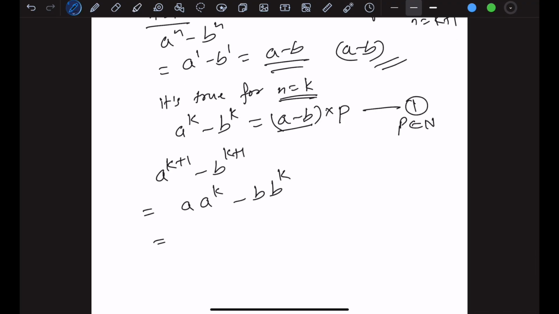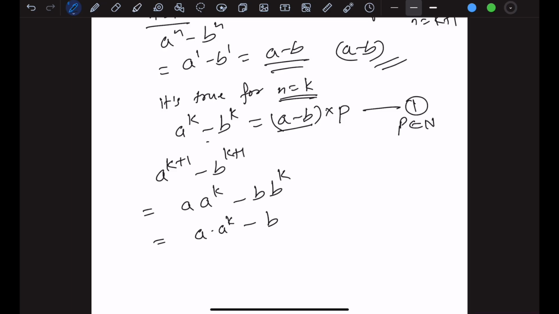So this can be written as a to the power k minus b.